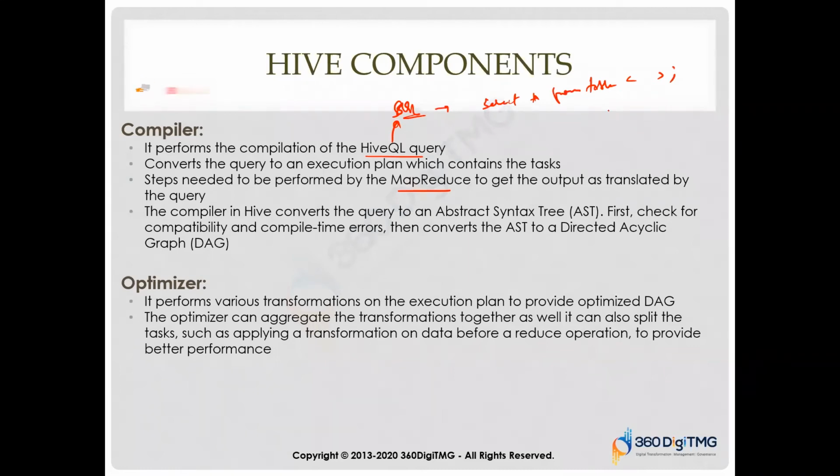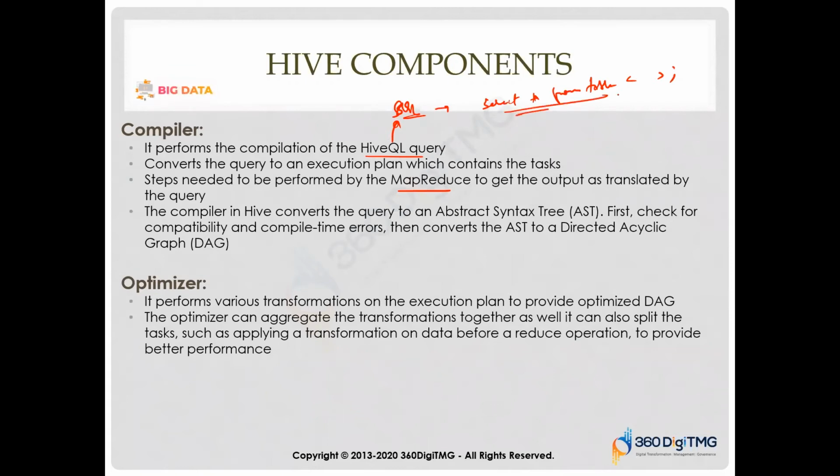What does this give us? Select star, what does that tell us? Exactly, the information about the entire table, or I should say the data in the table. Right? Yes.